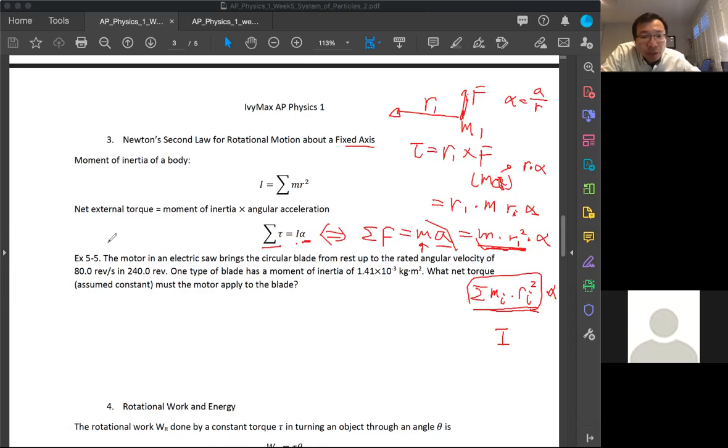Beware of the units. Here it is still using revolutions, so you need to convert that into radians.